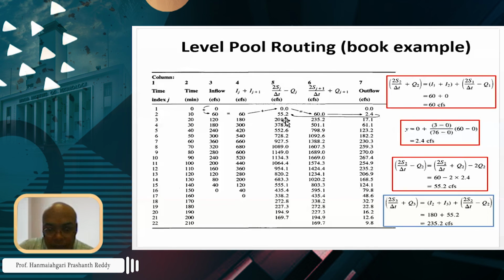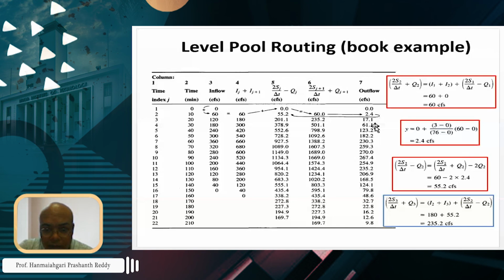So next time, 60 plus 120, that comes to 180 here. So 180 plus this column number 5 at previous time, that is 55.2, that comes to 235.2. So for this P, that is 2S by delta t plus Q of 235.2, we need to calculate outflow.